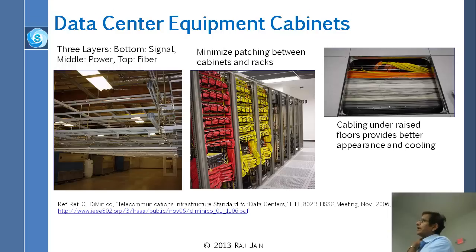I am not sure why this order was selected, but it is quite possible that this came later and they just created a new layer. But don't take my word for it. Okay? And then there is also cabling under the floor.